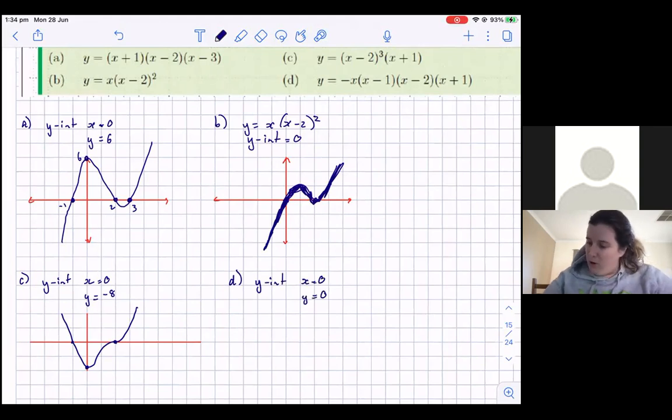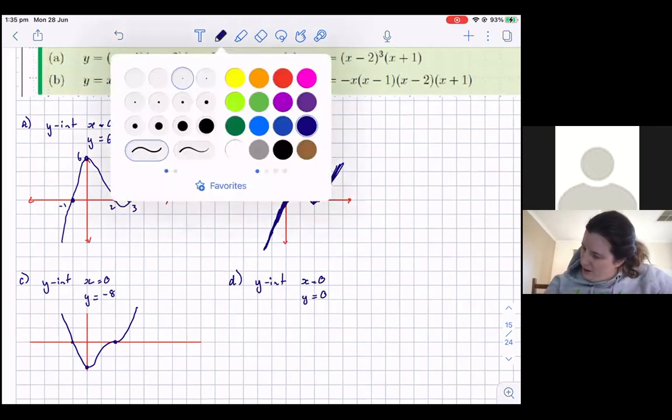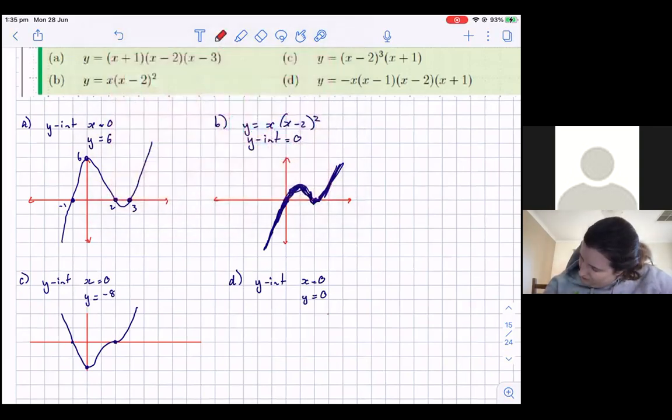For this one, we've got a whole bunch of linear factors, but we won't know whether we're going to be coming up from the bottom left or top left, etc. So chuck a value to the left or to the right. If I chuck a negative number in, I'm going to have like a negative.